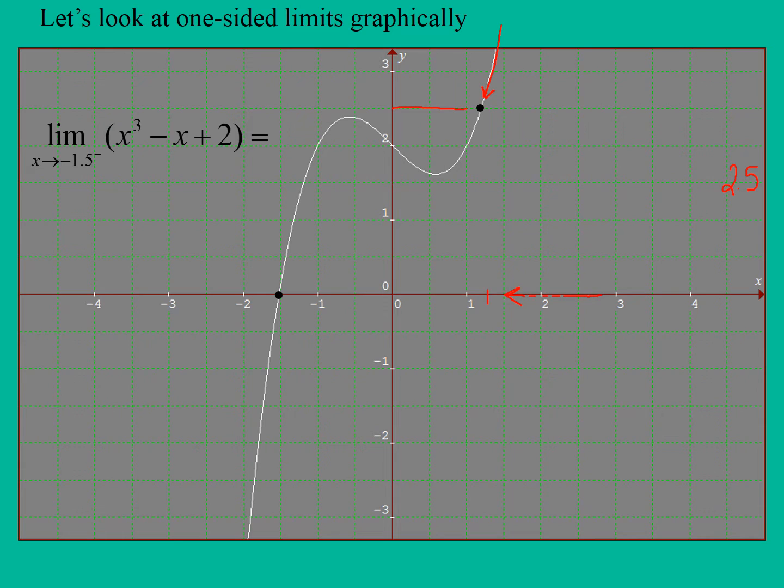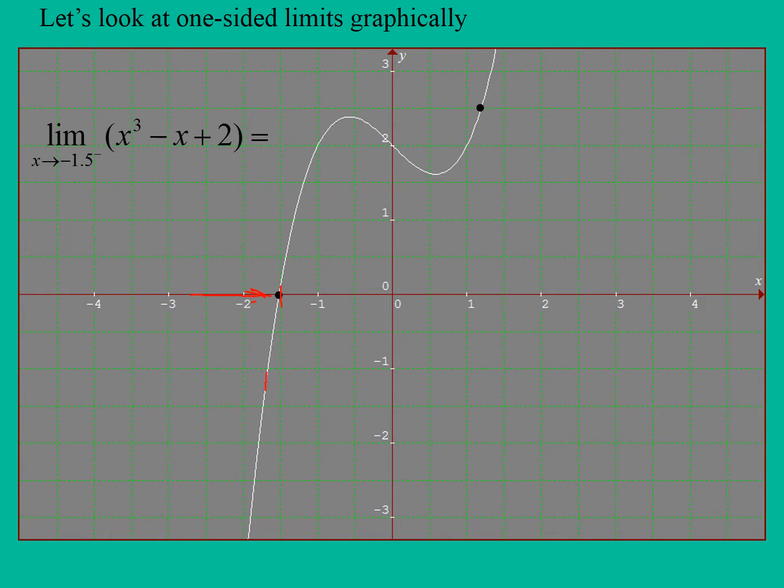Here's another one-sided limit. The limit of our function as x approaches negative 1.5 from the left. So let's identify negative 1.5 here.